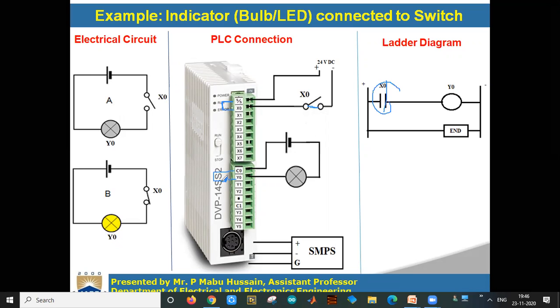This switch will be closed or open depending upon this Y0 coil. Whenever X0 is energized, Y0 is energized, so Y0 will turn on. Now this supply will be connected through this C0, Y0, to the bulb. The circuit is closed here and the bulb will glow.